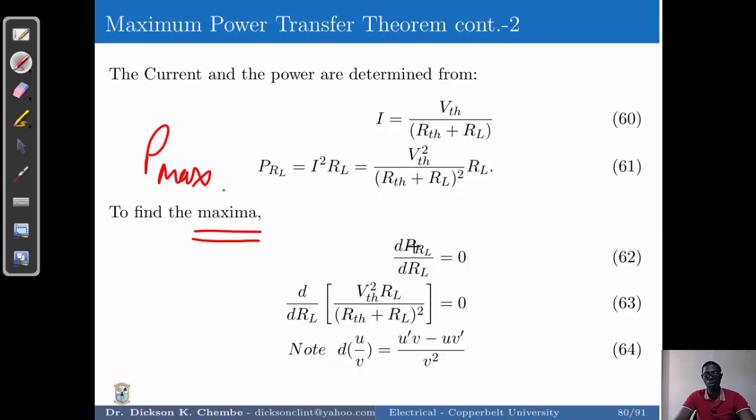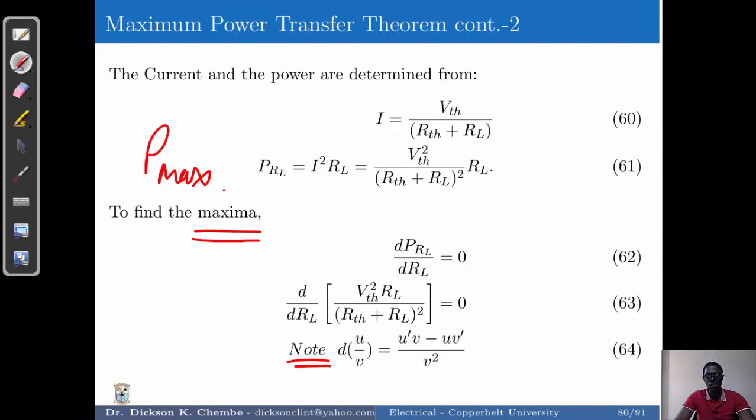We take the differential of the power on the load resistor over the differential of the load resistor, taking note that the derivative of u over v is u prime v minus u v prime over v squared.